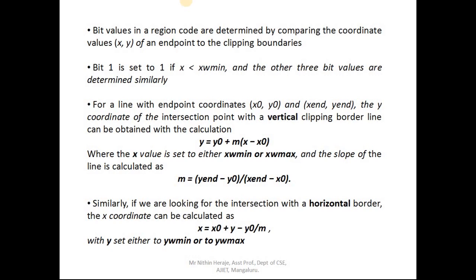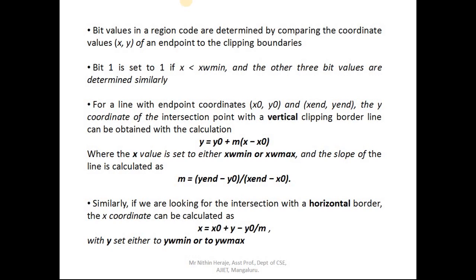The same formula is applied in the lab program also to find the y intersection point. Here the x value is set to either xw min or xw max, and the slope of the line is calculated as m equal to y end minus y naught divided by x end minus x naught.